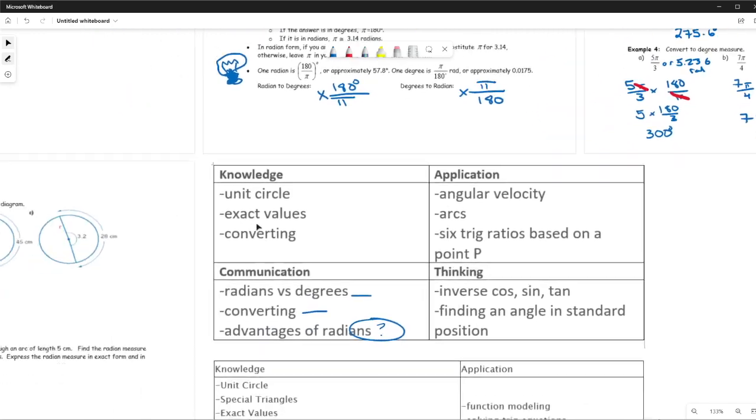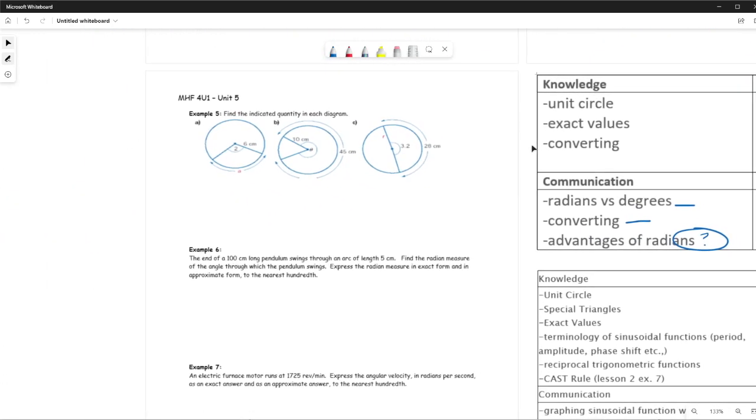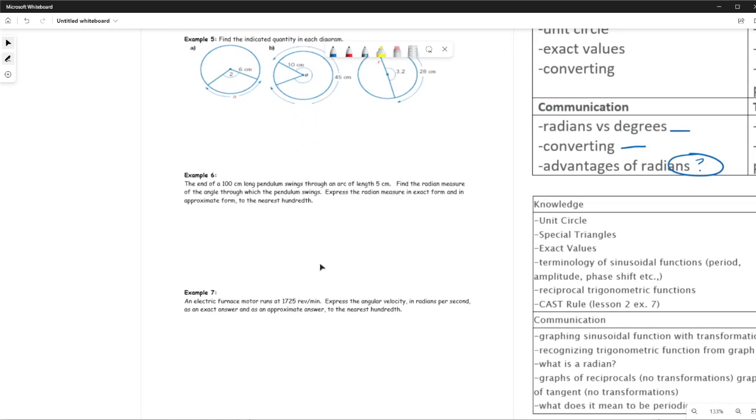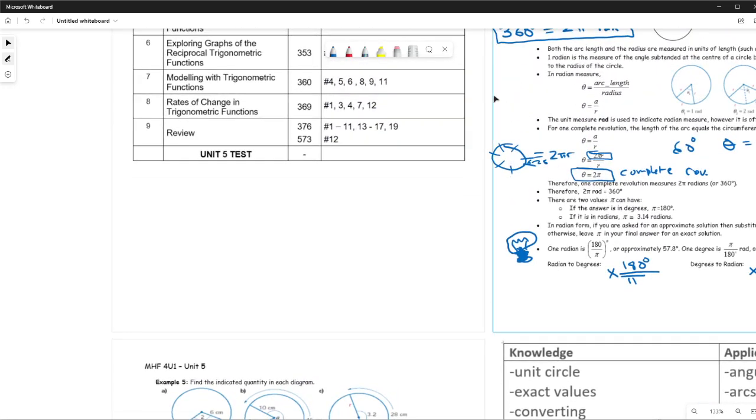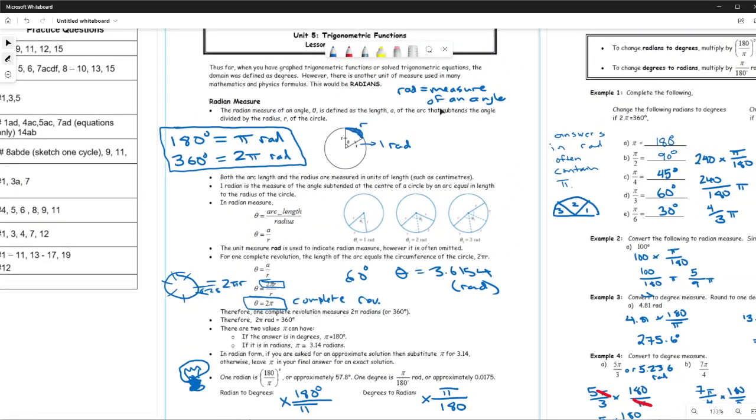Now, the last page of this talks about finding some missing quantities and solving some problems. And I said I would discuss with you the advantages of radians, and so we've already covered one. The first advantage of radians was up here, which is that it actually has a definition that is connected to the circle.